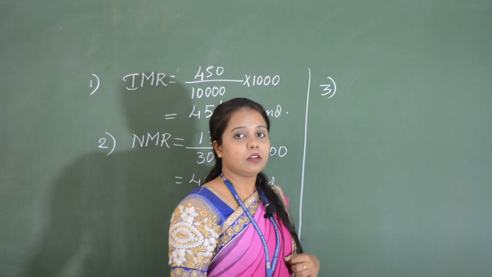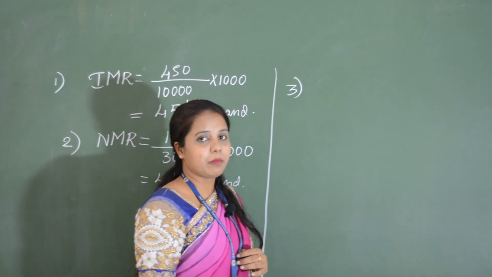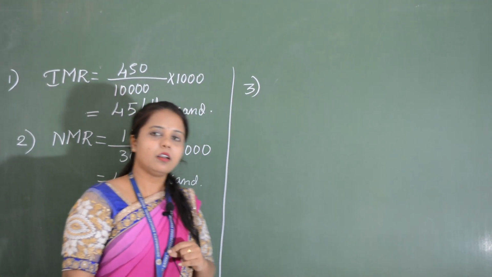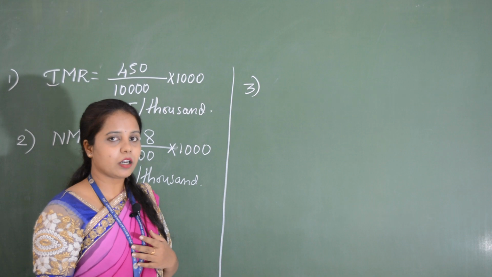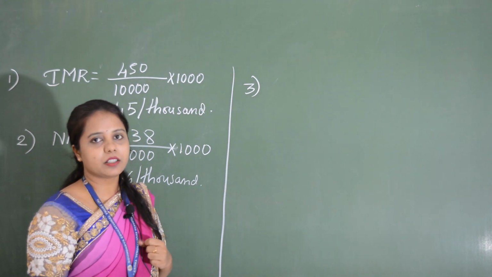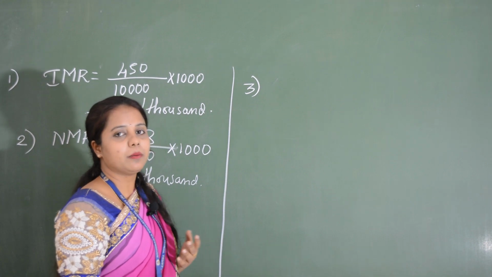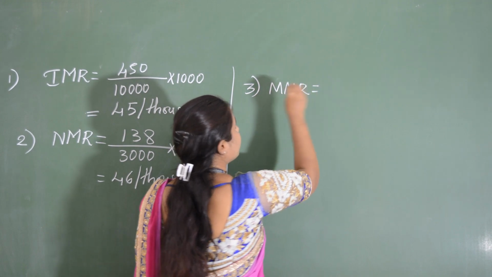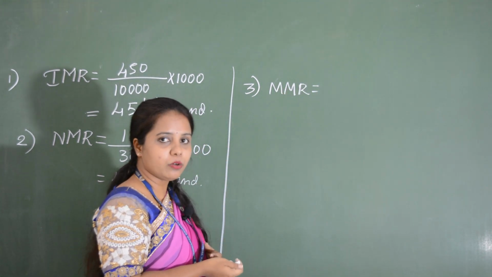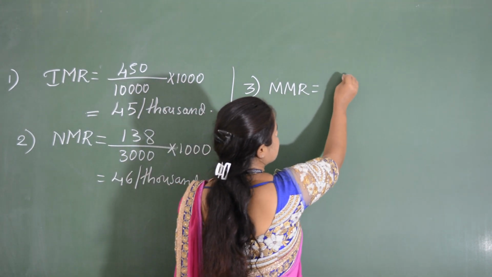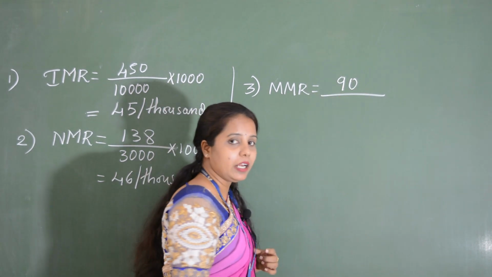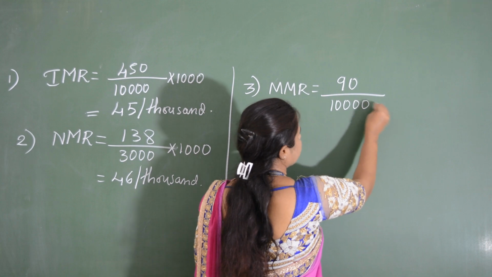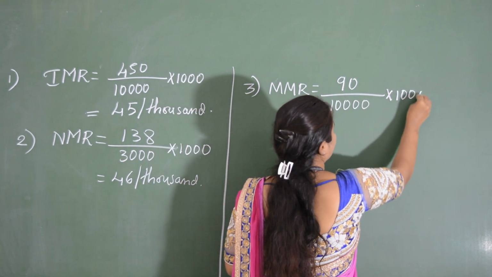Now for the third problem, we need to calculate MMR, that is maternal mortality rate. In that problem, there are 10,000 live births and out of them 90 mothers died due to childbirth complications. So the formula of MMR is the number of mothers who died due to childbirth issues, 90, divided by total live births in the same year, which is 10,000, into 1,000.